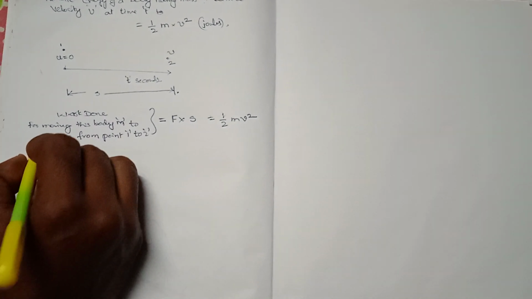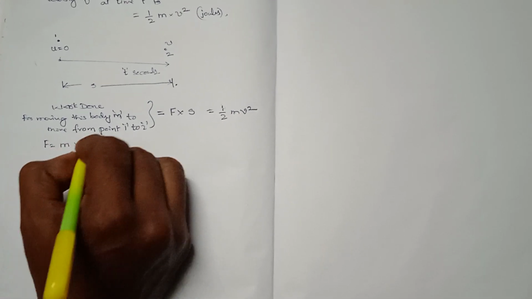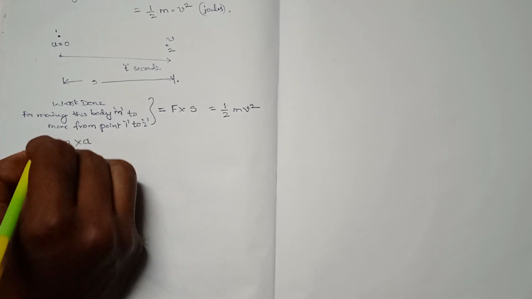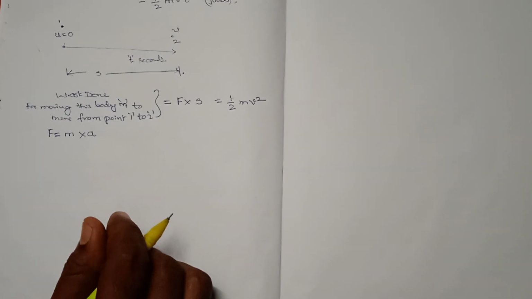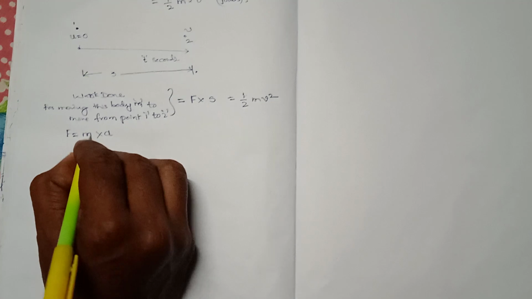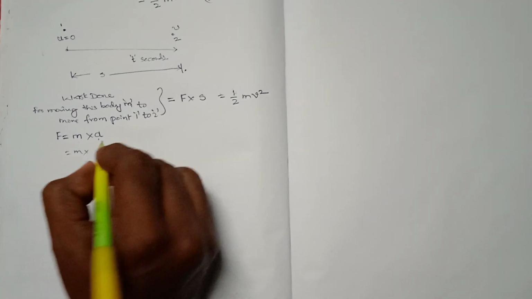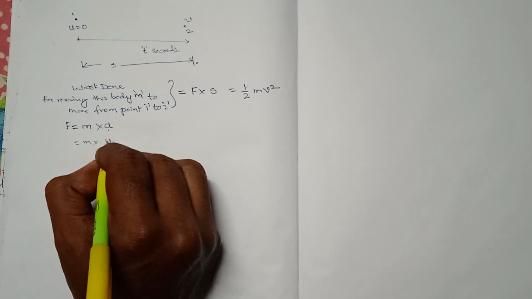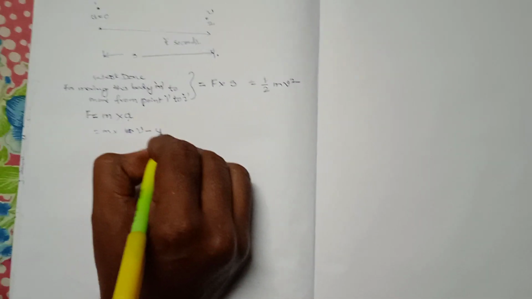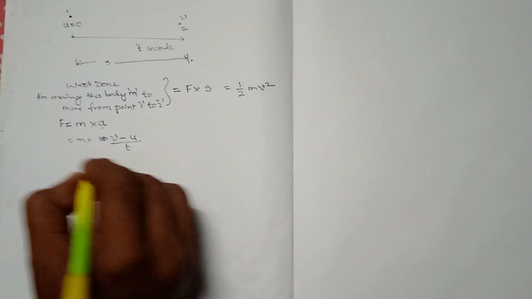First of all, force applied is, as we all know according to Newton's law, mass into acceleration. Acceleration is nothing but the final velocity minus initial velocity divided by the time duration, that is t seconds. You agree with me?